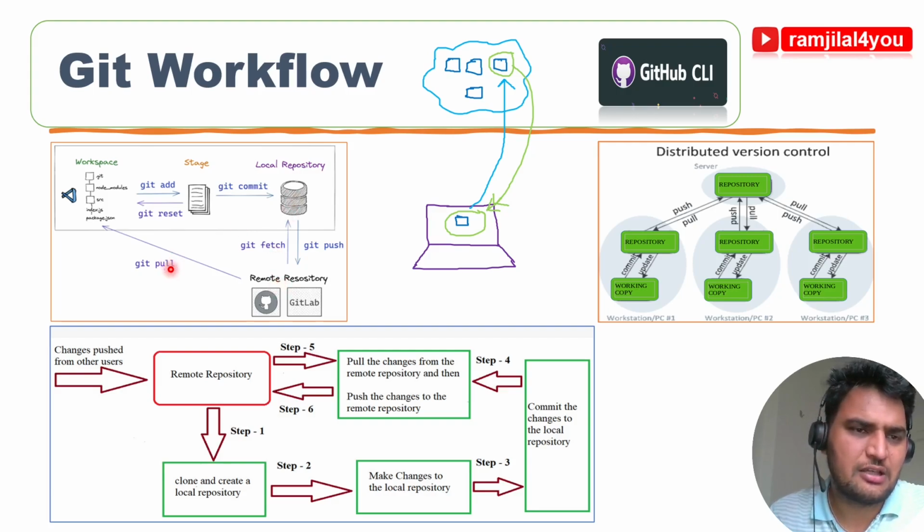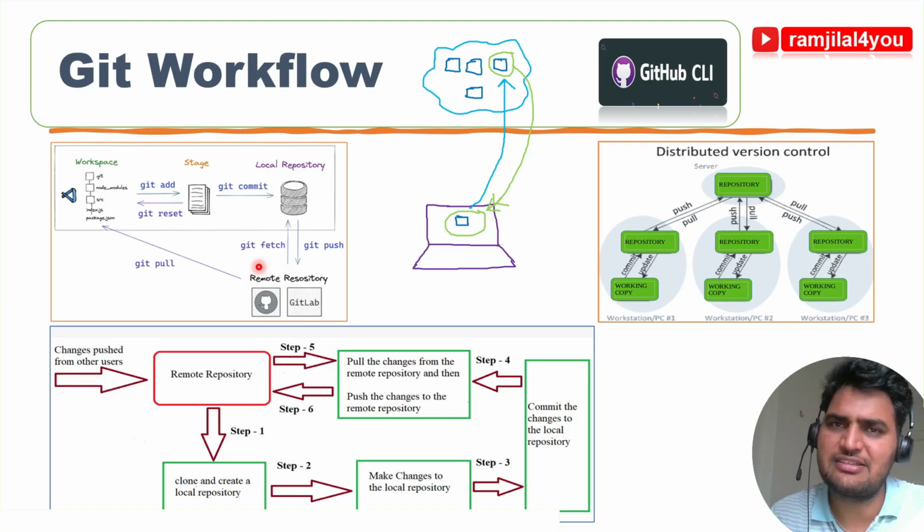And pull means fetch and merge. There is also a git merge command, which we will see, to merge two files. So git pull first fetches and then merges those changes into the working space. That's why I have shown you a direct arrow: git pull copies the changes from the remote to the workspace directly.